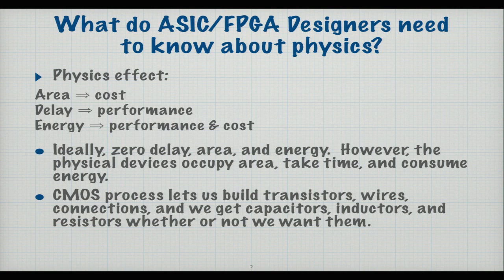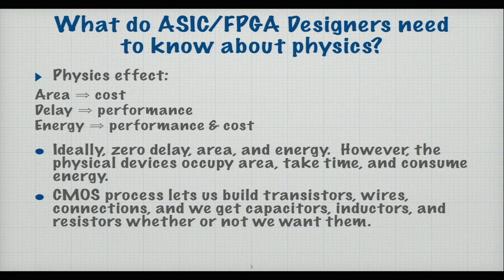We have simple models for how transistors and circuits work, but it's good to understand where the limitations come from, because the physics affects the area, how big something is, and that affects the cost, and the delay of the circuits, which affects the performance, and the energy consumed, which affects the performance and even the cost.